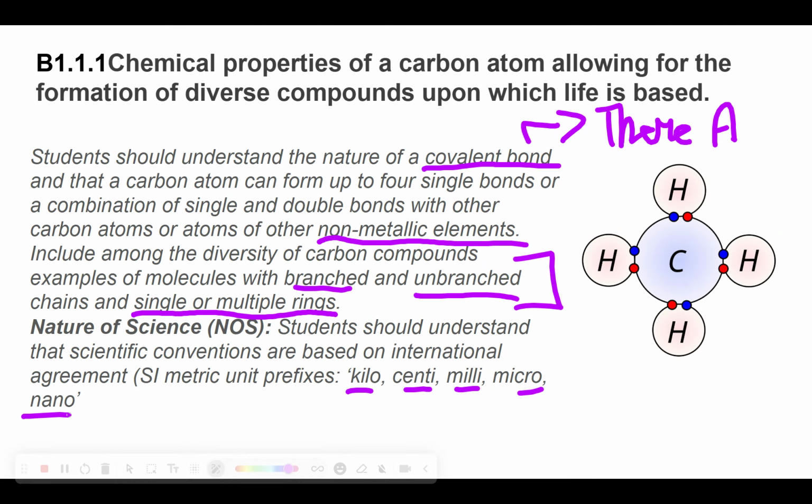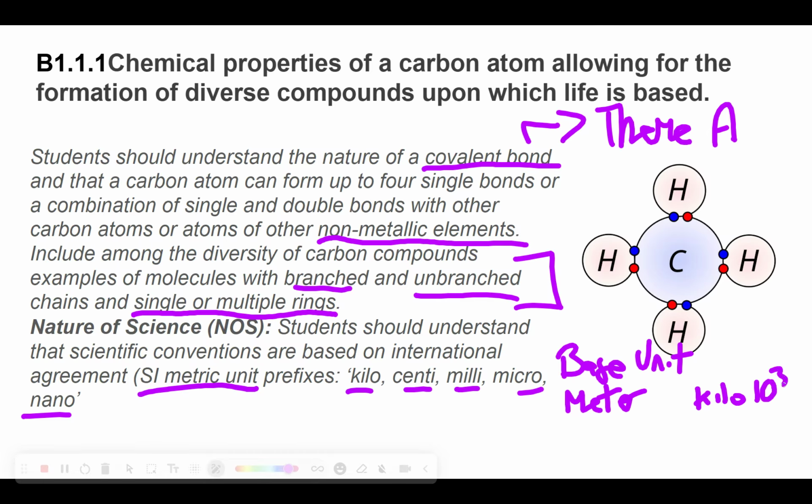When you're in SI metric units, you start with a base unit, for example a meter. Then you add prefixes that decide the way in which you're talking about that unit. With the base unit of meter, the prefix kilo would be 10 to the third, and that's always true. A kilo anything is 10 to the third.